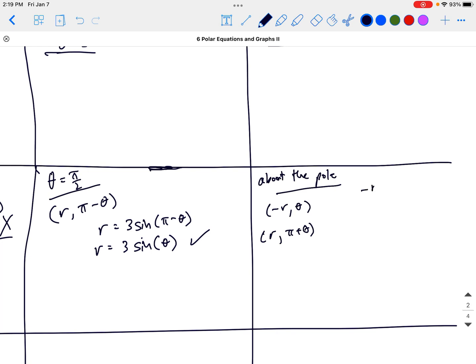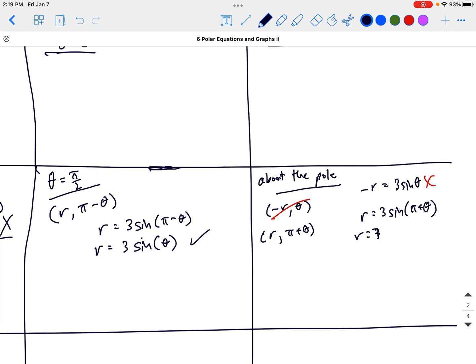And so the first check is pretty easy. Negative r equals 3 sine theta is not the same as r equals 3 sine theta. So that's a very quick check. And then for pi plus theta, we'll have r is equal to 3 sine of pi plus theta.